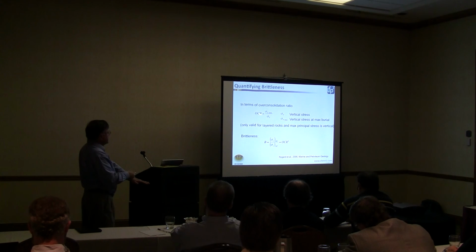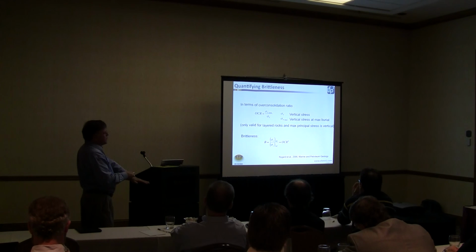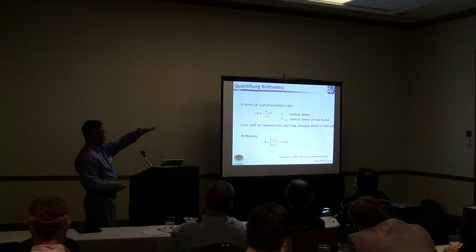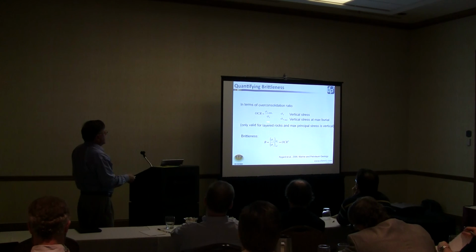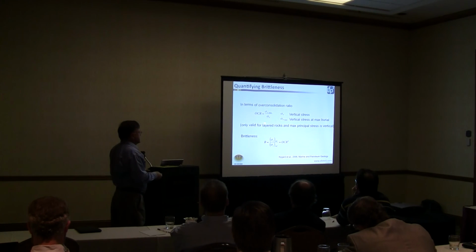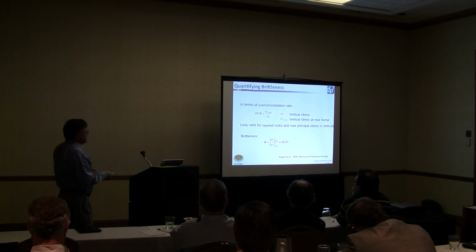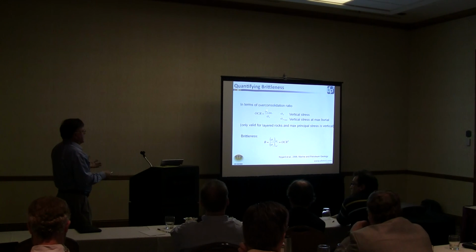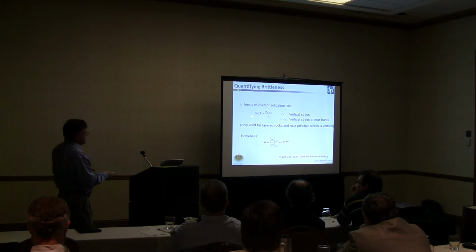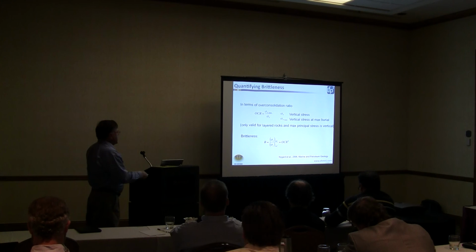So I'll call that sigma V max, that maximum vertical stress. Now, if that rock were to be uplifted, because of uplift and erosion, or maybe even there was a pore pressure increase, then the present day vertical stress, it's really effective vertical stress, might be smaller. And so this ratio of the maximum vertical stress in history divided by the current vertical stress is sometimes called the overconsolidation ratio.